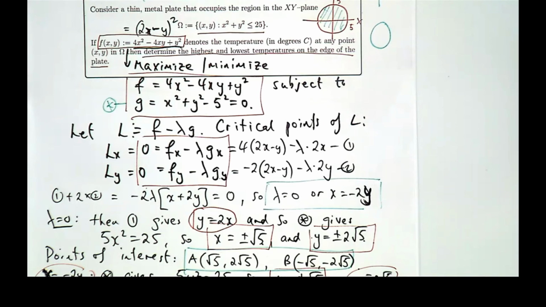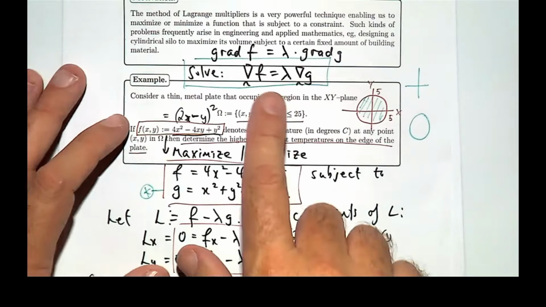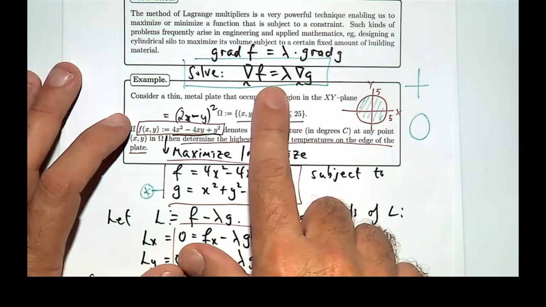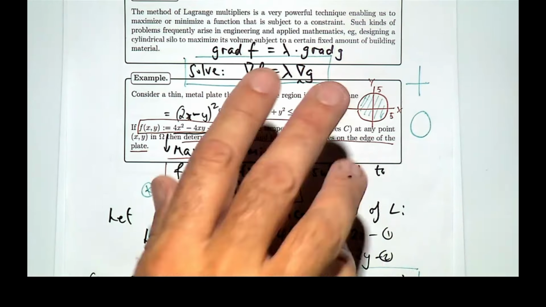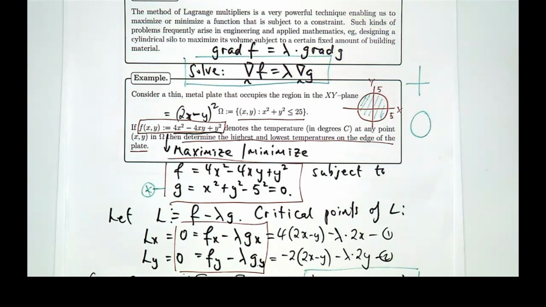Just another question. With the Lagrange equation, f minus lambda g, what is that derived from? So yesterday, we were talking about how the normal vectors to these constraint problems are parallel.